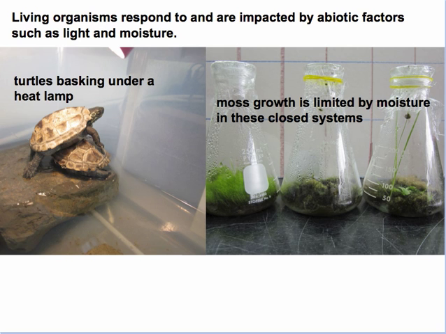Over on the other picture, we see moss in controlled containers, each with different amounts of moisture, and we see that there is a consequence. We see that there is an effect associated with the amount of moisture that you have in a particular container. The container with the most moisture having the best growth of moss.